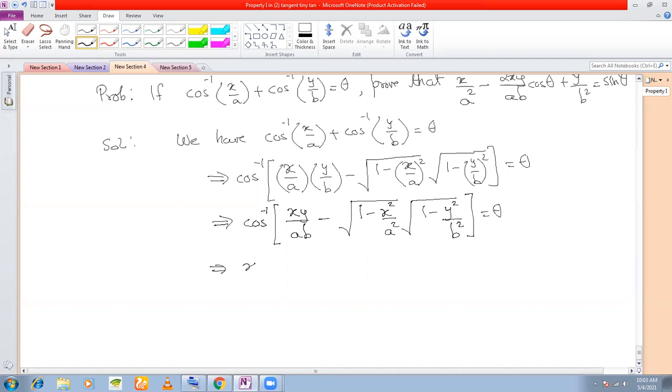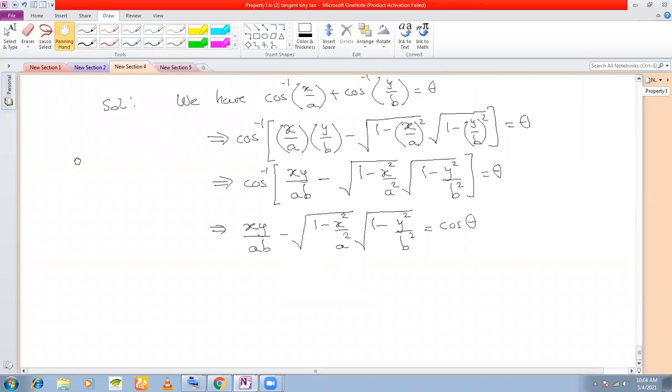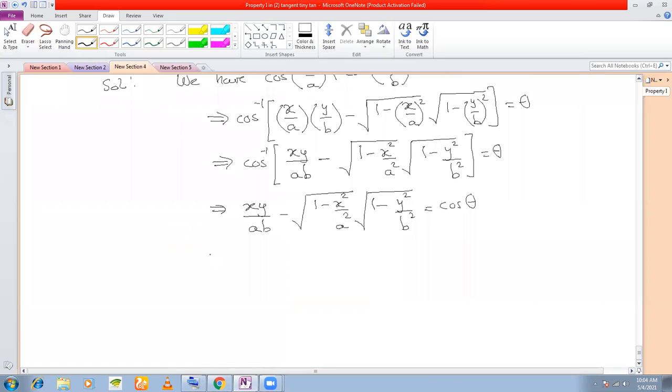That means you can get xy by ab minus root 1 minus x square by a square root 1 minus y square by b square is equal to cos theta. Okay, now you take both the radicals that are there, you take it on the right hand side.